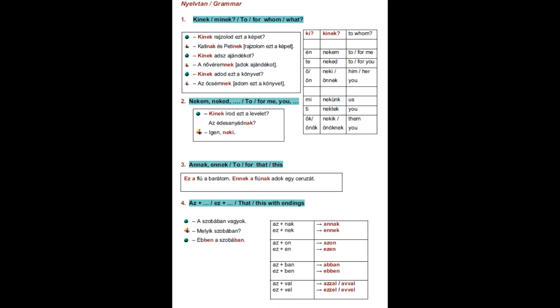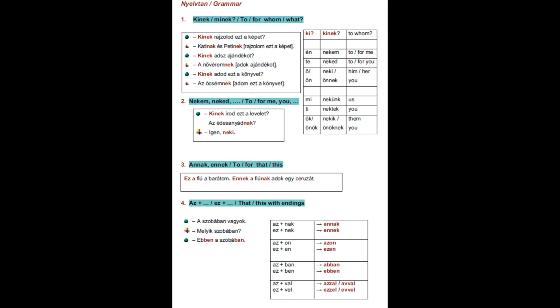kinek rajzolod? Now in Hungarian, we can swap around the words in order. I can say, kinek rajzolod ezt a képet? For whom are you drawing this picture? I can also say it, ezt a képet kinek rajzolod?